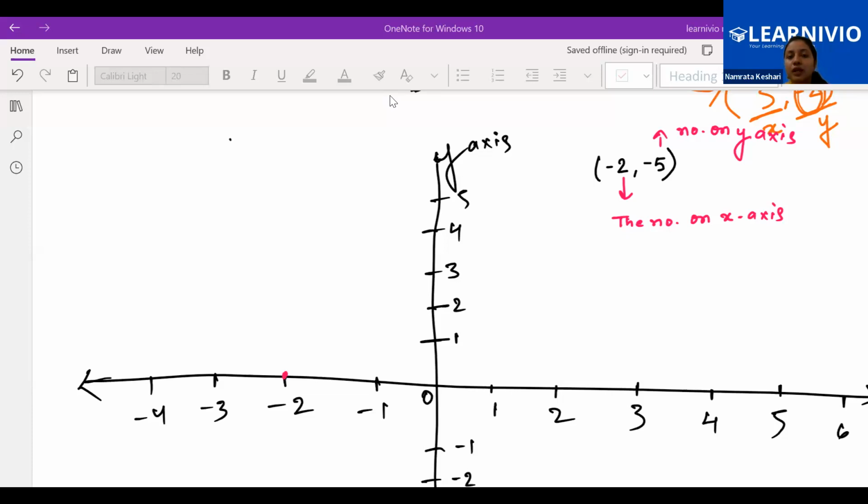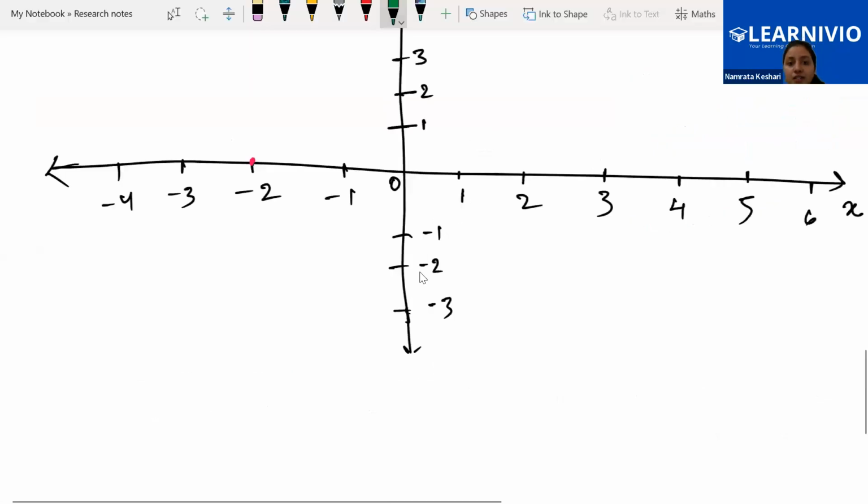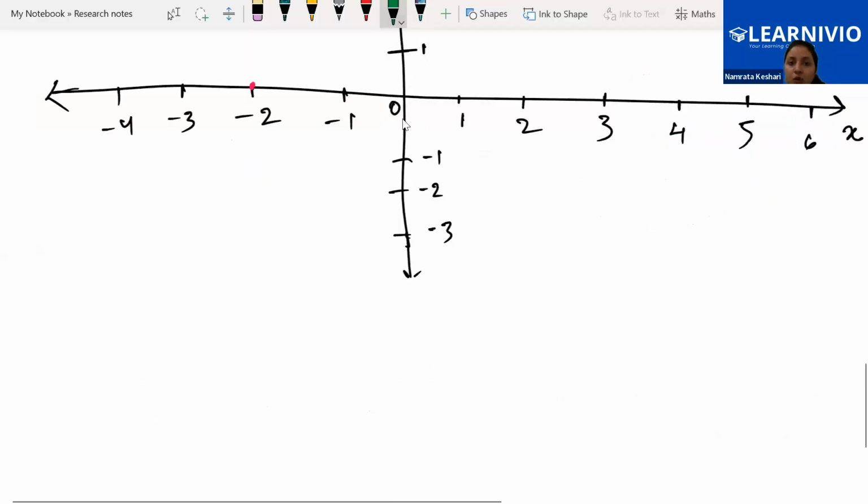Downwards. Abdul, Samya, Sarah, downward. Everyone already understands that negative y is sitting downside, below 0, on the vertical axis.